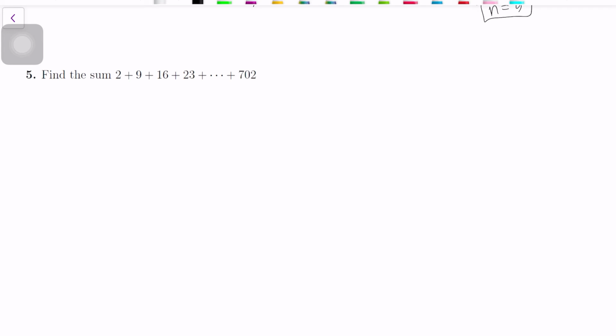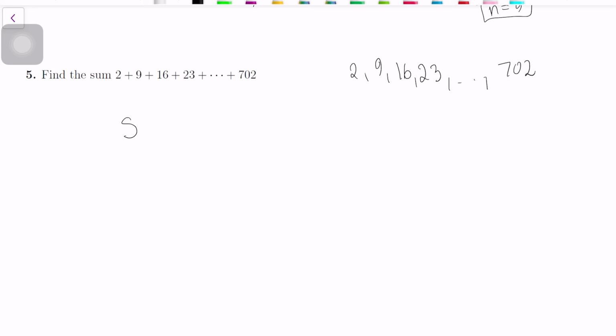So first 2 plus 9 plus 16 plus 23, and so on, plus 702. So we are adding terms of what? Of an arithmetic sequence, right? Because to get from 2 to 9, you have to add 7, add another 7, add another 7, and you're moving along. So basically, now we're adding those terms.